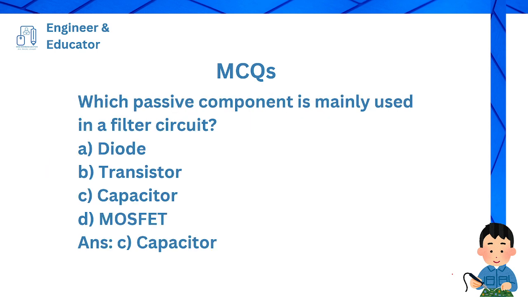Which passive component is mainly used in a filter circuit? Diode, transistor, capacitor, MOSFET.